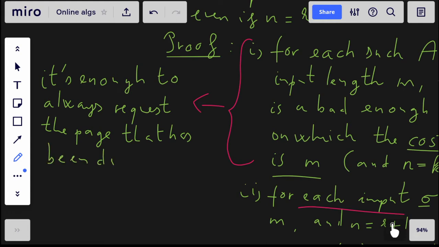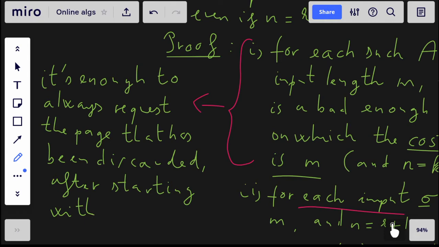We can do this. Well, of course we have to initialize the sequence somehow, so we just start with the usual sequence of 1, 2 and so on, K plus 1.